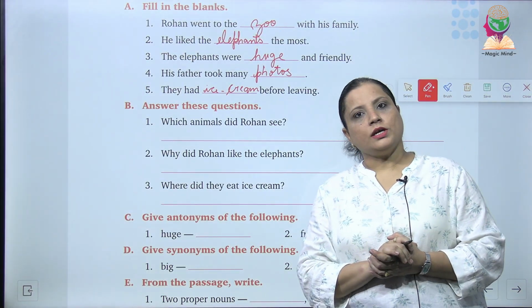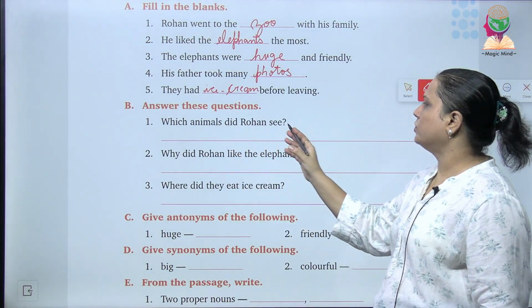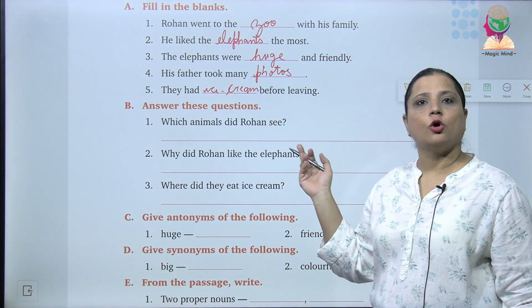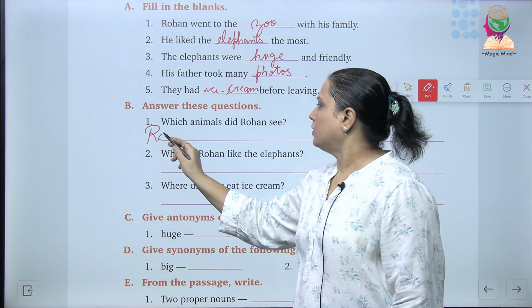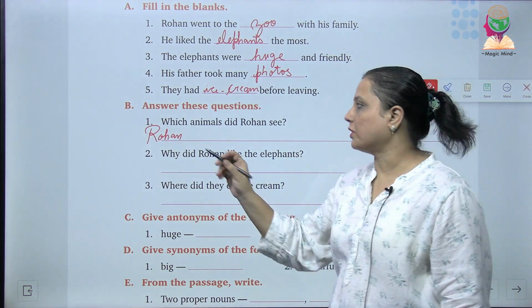Now let's move to the B question. The B question is, which animals did Rohan see? So you have to name all the animals which Rohan saw in the zoo. So we will write here Rohan. Now since we are writing the answer in the past tense, see here it will convert to saw.